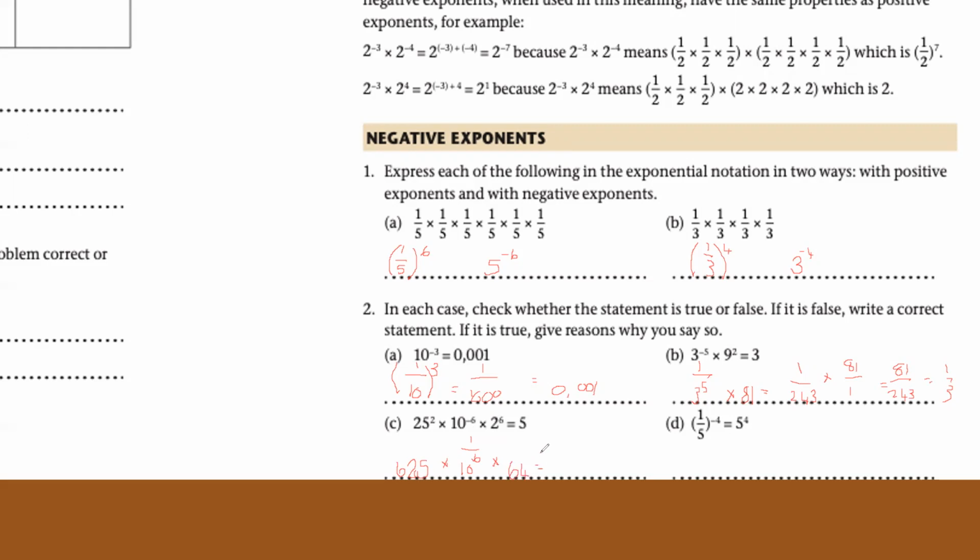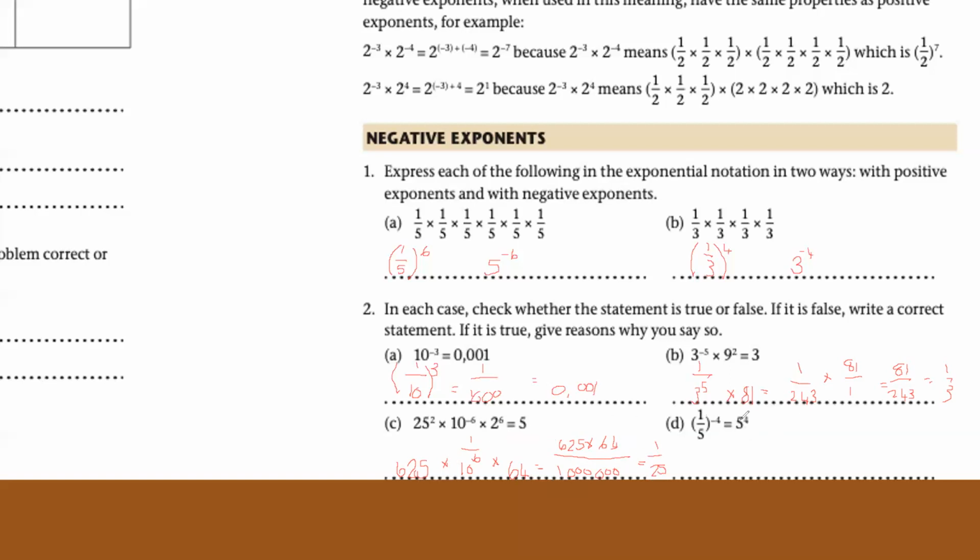So the 625 and the 64 go at the top here as numerators. So that is 625 multiplied by 64, and 10 to the power of 6 is 1,000,000. If you work that out, it gives you 1 over 25. So that is also false.